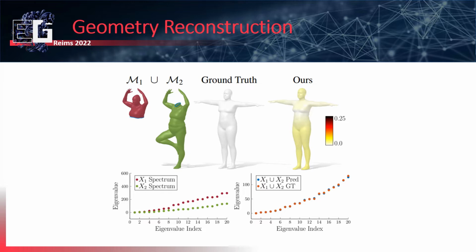So in this example, we are given two shapes in red and green, M1 and M2. We compute the approximation of the eigenvalues of the union, and then we feed this approximation to the instant recovery pipeline. And this way, we are able to recover the extrinsic geometry represented by those spectra.